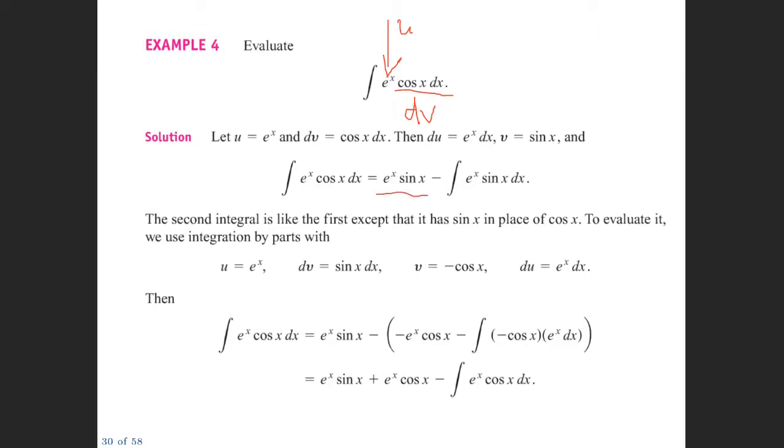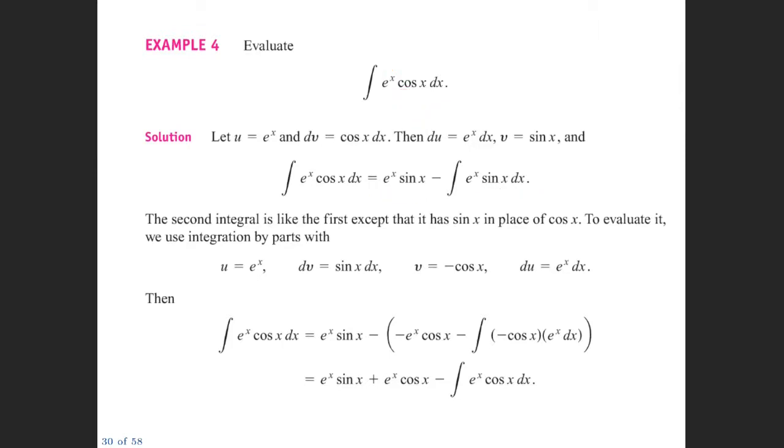U stays the same. To get v, we integrate cos. And then minus v du. So v we integrate and u we differentiate. Derivative of e to the power x is just e to the power x. Integral of cos is sine.